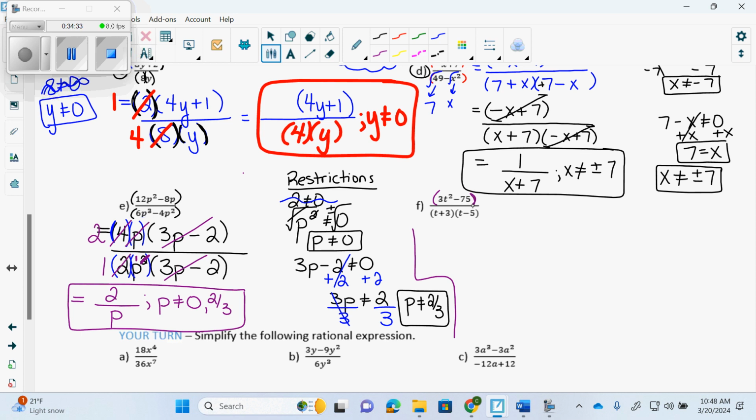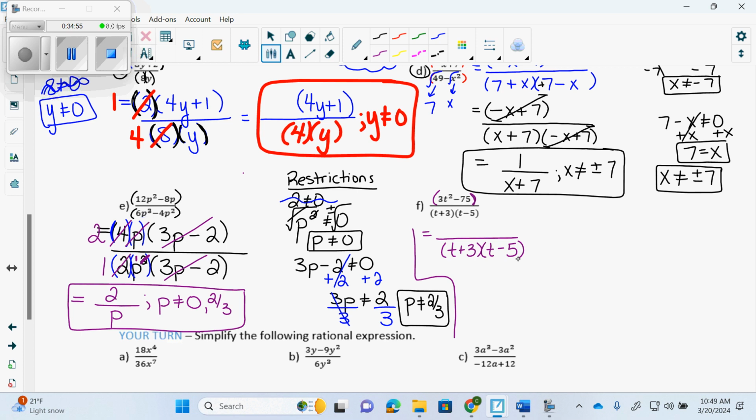No. So then I have to ask myself, is there something I could do to the numerator or the denominator to simplify it? Well, the denominator is 2t plus 3t minus 5. There's nothing I could do to those. They're done.